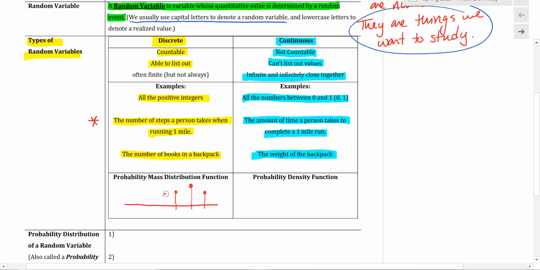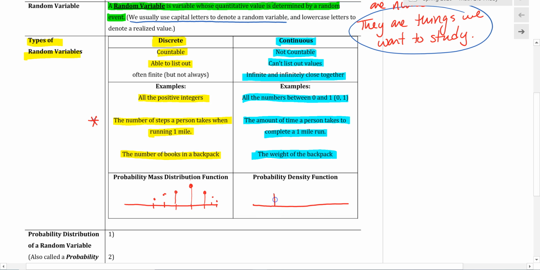Okay, so you can kind of get an idea on what the general shape of this curve might look like given how many steps someone takes. Right? You just count how many people landed in this category, and that's how tall you draw that dot, just like a histogram. Now, a probability density function is the same idea, but when you're talking about continuous numbers, there's infinitely many.